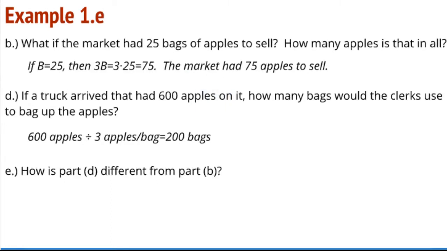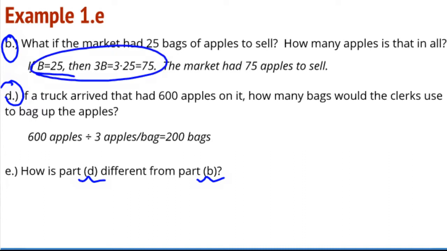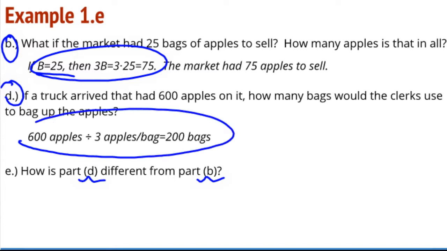Well, now the question is here, how is part D different than part B? So here's our part D that we just did, and here's our part B that we started with. And you'll notice in part B that we were performing a multiplication operation. And in part D, we were performing a division operation. They're inverses of each other.